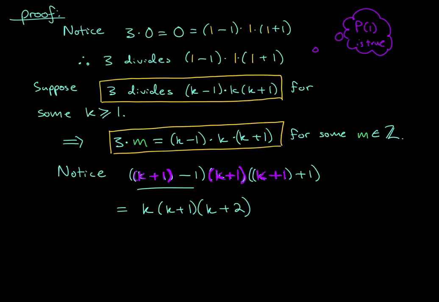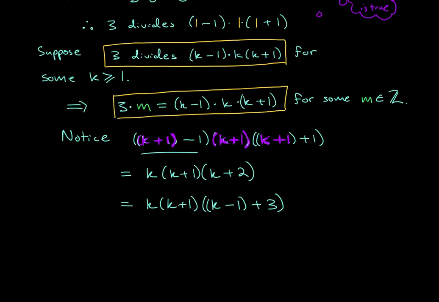Because like I said, this is a tool I can use. I know that this object, k minus 1 times k plus 1, is equal to 3 times m. But shoot, I really want to force this object to show up somehow. I already have the k and the k plus 1, but here I have a k plus 2. But guess what, guys? My favorite way to say k plus 2 is k minus 1 plus 3. Now, watch this.